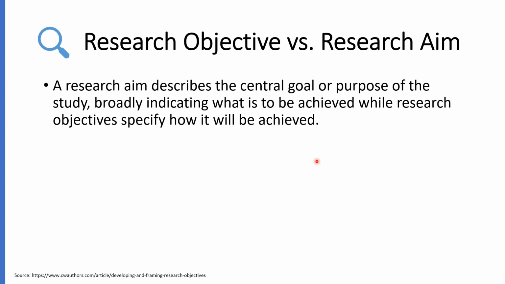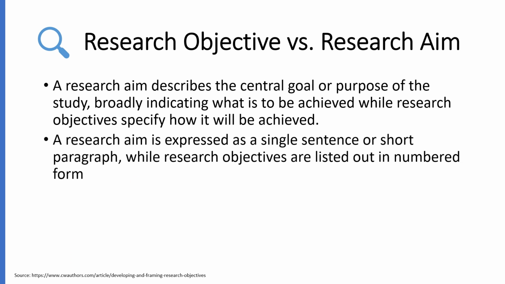Thus, the research objective divides the main aim, the overall goal, into parts and addresses each of these parts separately. In terms of form, the research aim is expressed as a single sentence or a short paragraph, while the research objectives are listed in numbered form, or could also be bulleted or in running text. So that is how we can differentiate them in terms of focus and form.